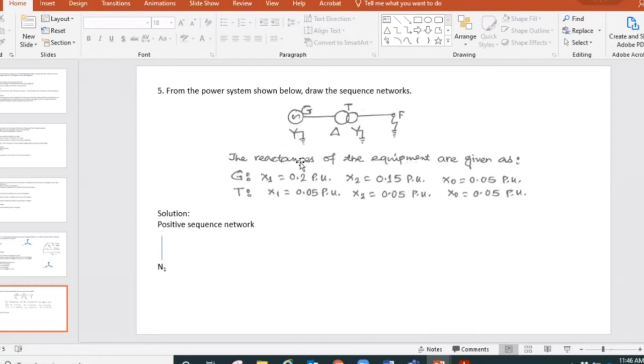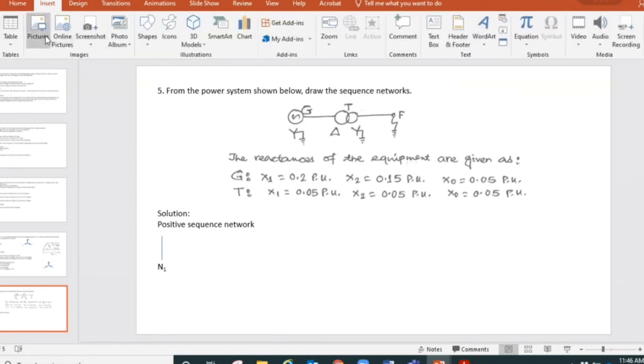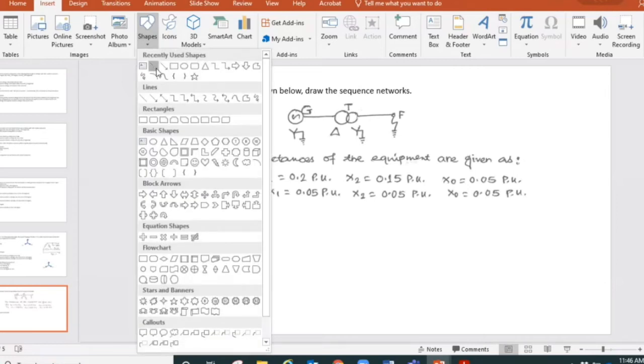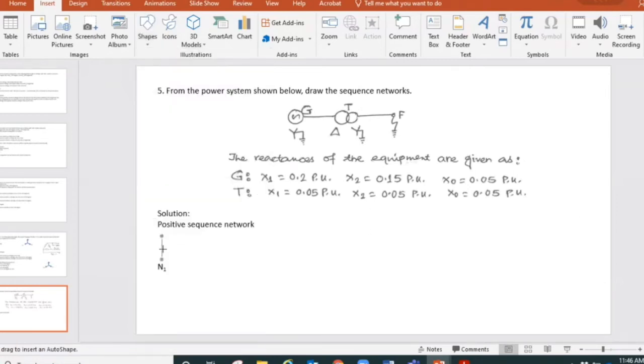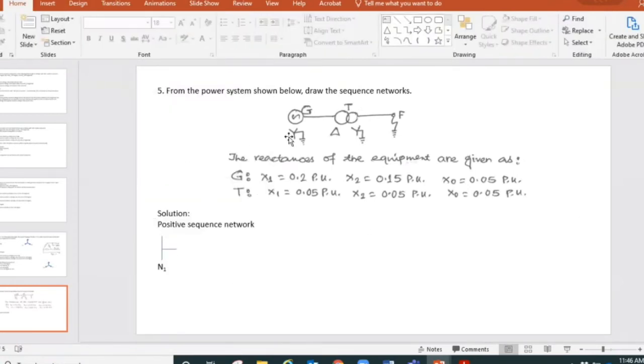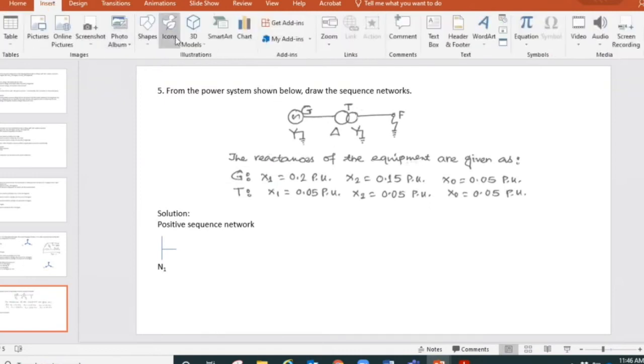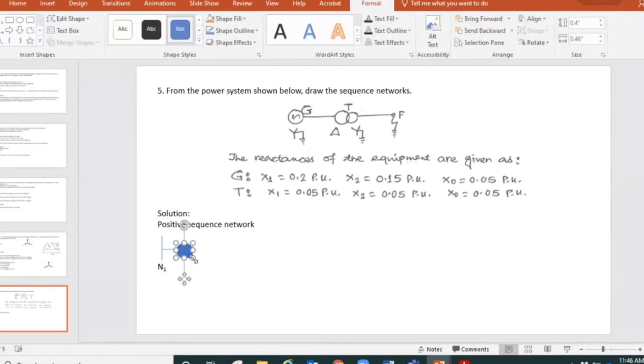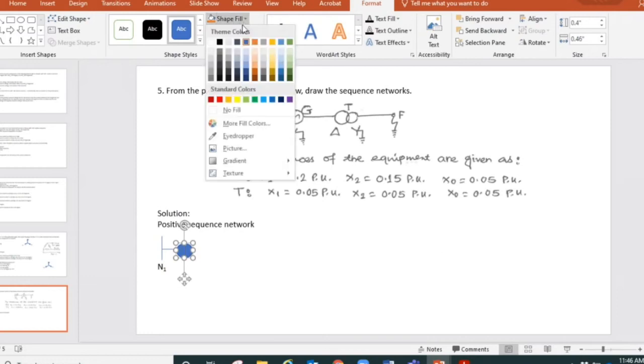After that we have a generator. The positive sequence diagram will have a generator shown. I'm showing a line, but it doesn't have any impedance, it's just for connection. Then we'll show the generator. For the generator, there will be a voltage source, which we show like this. It does not necessarily need to be filled in.